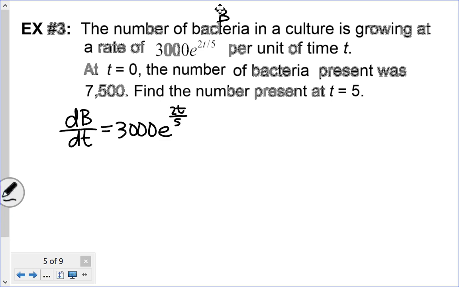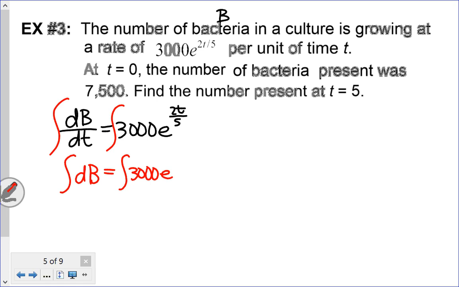Then we want to integrate both sides in order to solve this. We're going to see that we could get to this answer a little bit quicker, but let's go ahead and go through this. Before we integrate, we better separate our variables. So we have just dB on this side, and 3,000 e to the 2t over 5 dt over there.